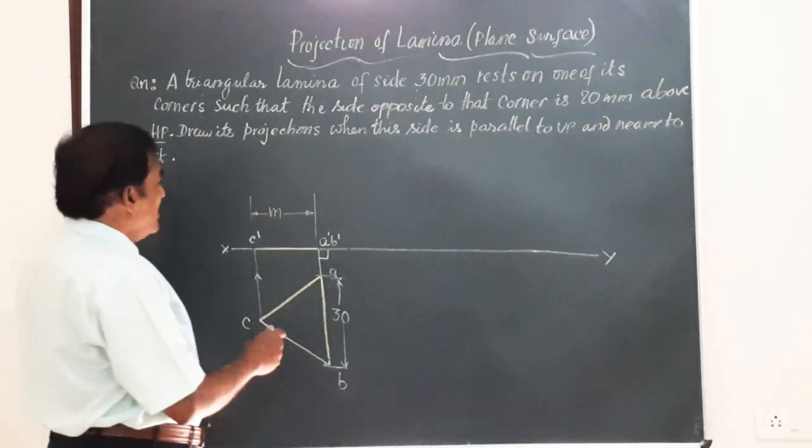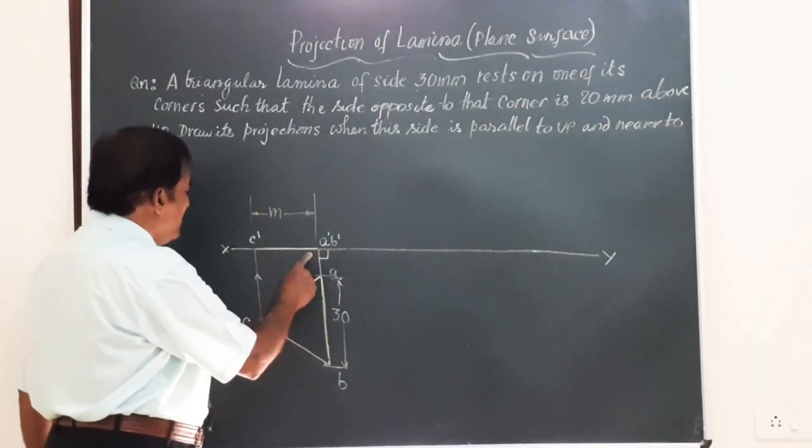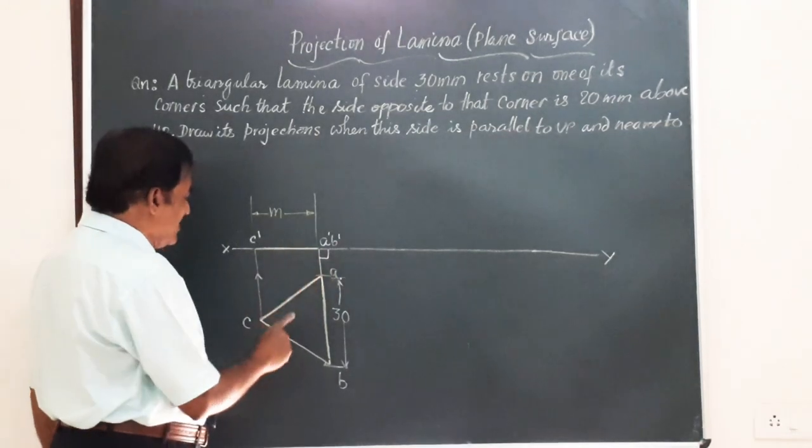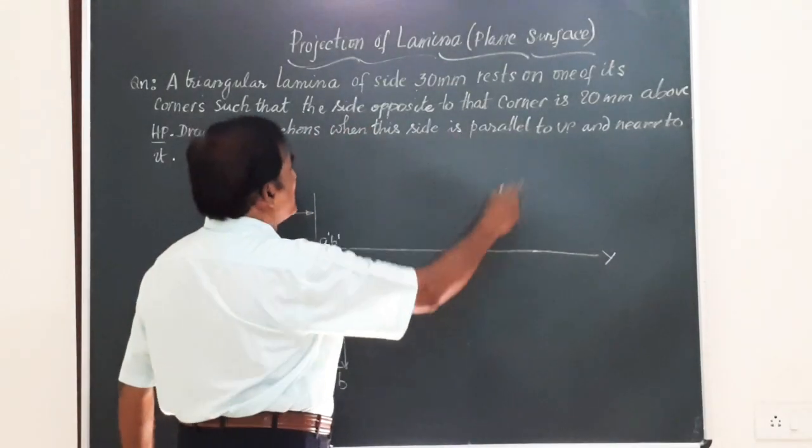So, friends, here the lamina ABC is on HP, it is making 0 degrees, and this represents the top view of the lamina. In the question he says, the side opposite to that corner is 20 mm above HP. So here we have this side AB, corner is C and the side opposite to that is AB.